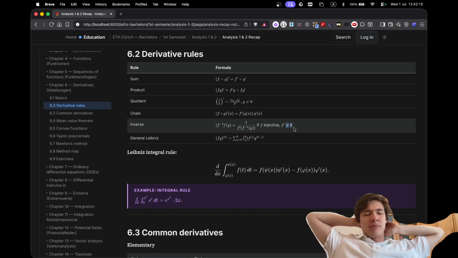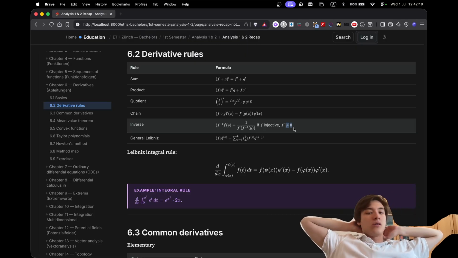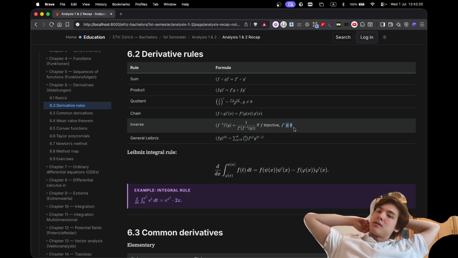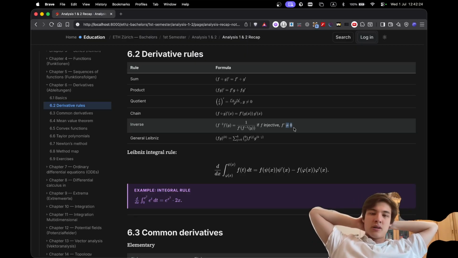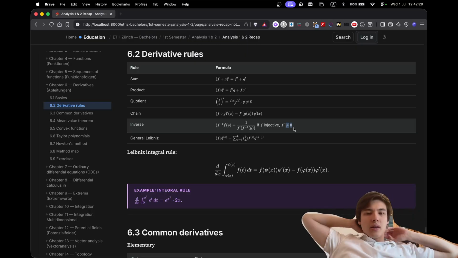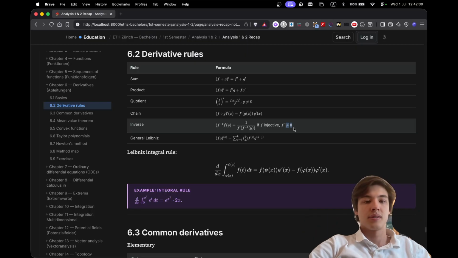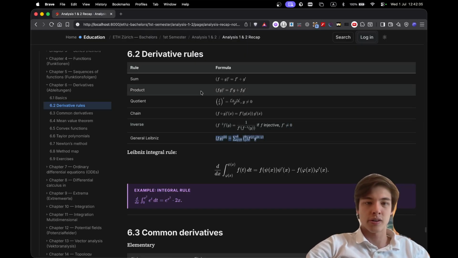For exam questions, I think I've seen something like that before, where it was easier that way. This one I think you should know, the general product rule.